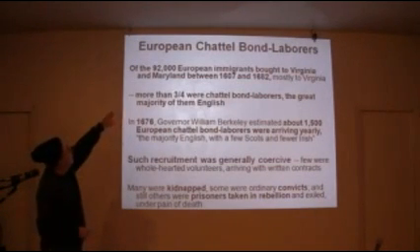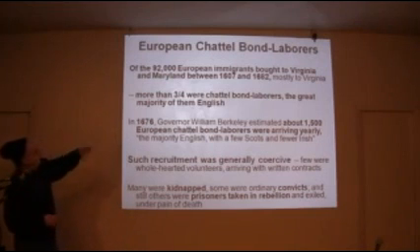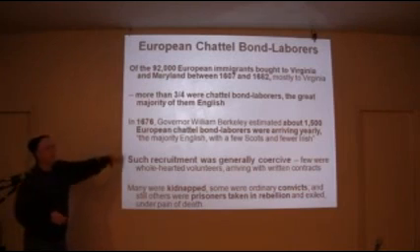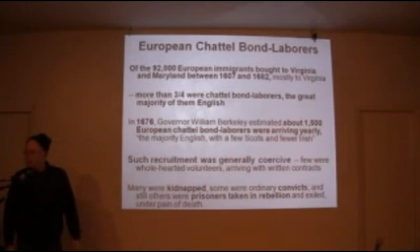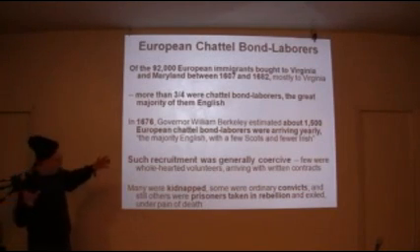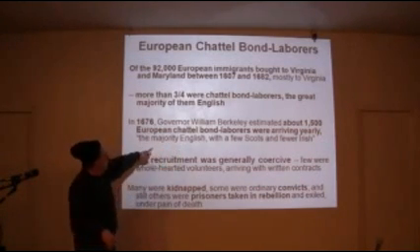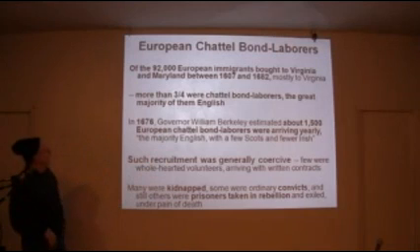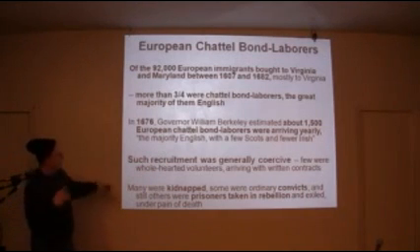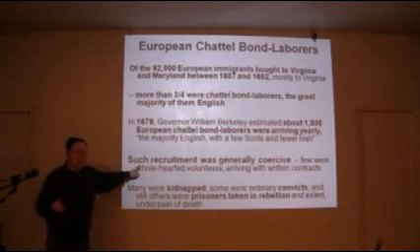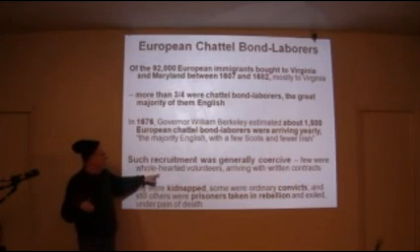Here's some of the stats. Of the 92,000 European immigrants brought to Virginia between 1607 and 82, more than 3/4 were chattel bond laborers. Not the history we've been taught necessarily, right? 1676, Governor William Berkeley estimated 1,500 a year, English, few Scots, and few Irish. Such recruitment was generally coercive.